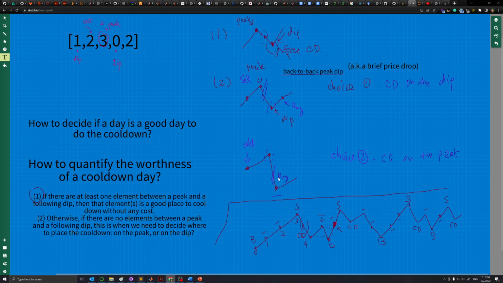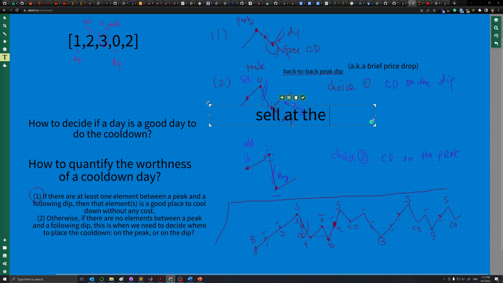So what are the possible decisions here? We either sell at this peak and then skip the dip, or we don't sell at the peak. I think this is how you can separate them into cases.